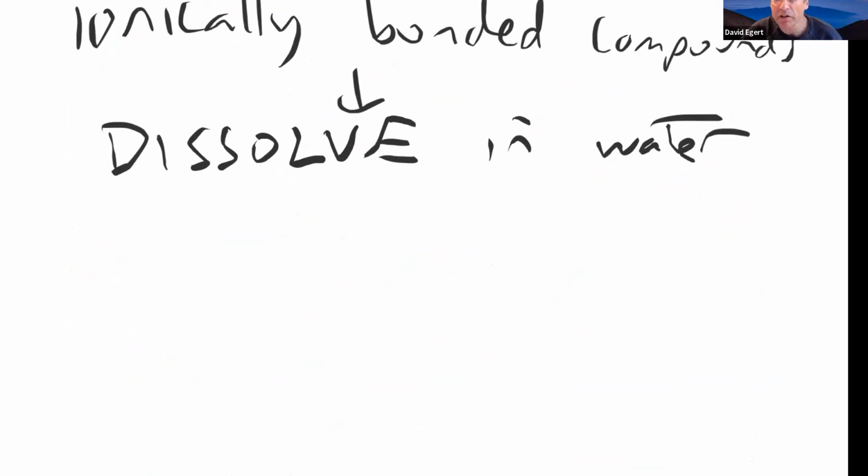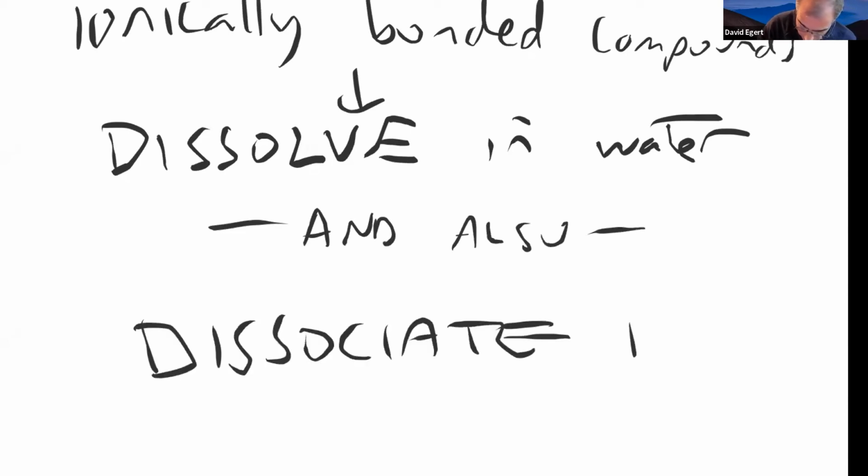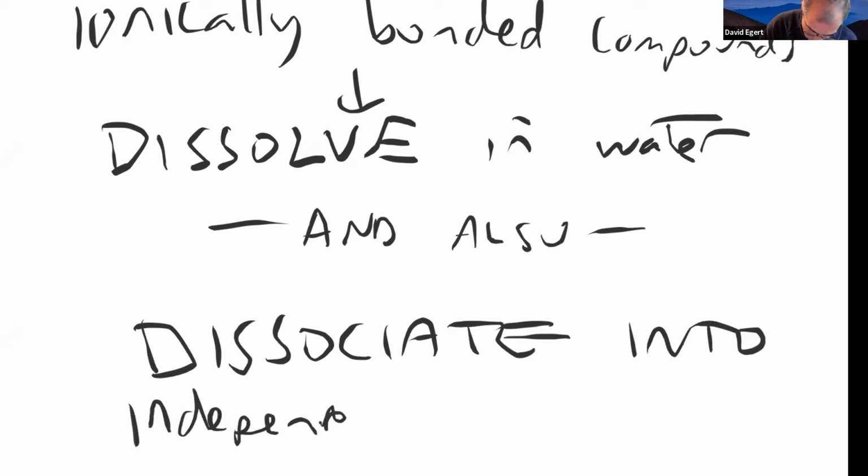They don't just dissolve and go into solution. They also what we call dissociate. Right, so this is super different than putting sugar in water.